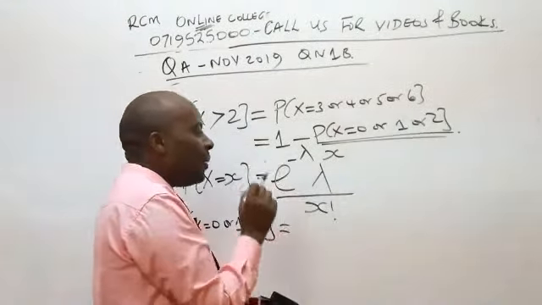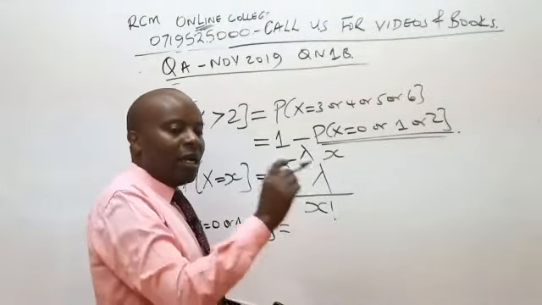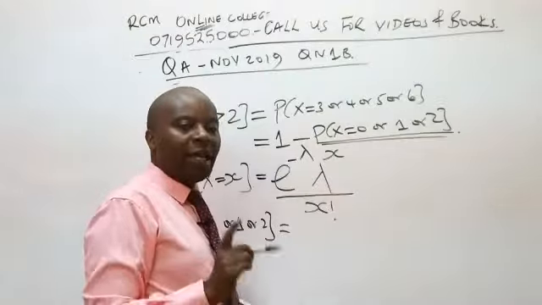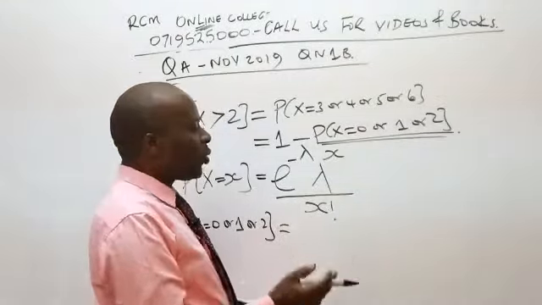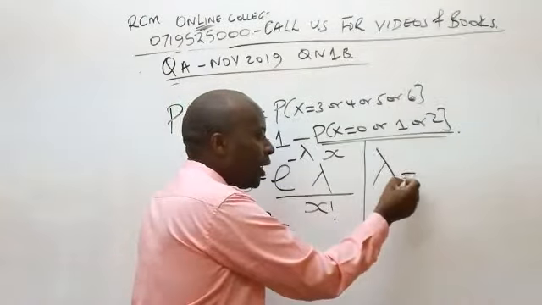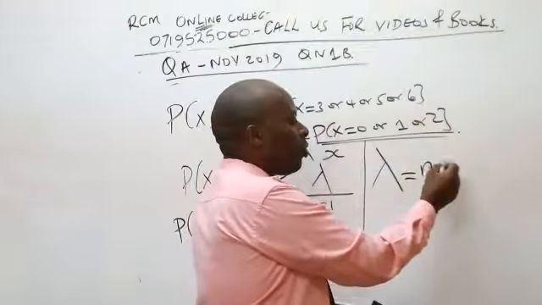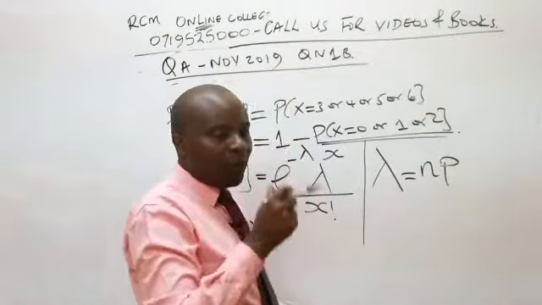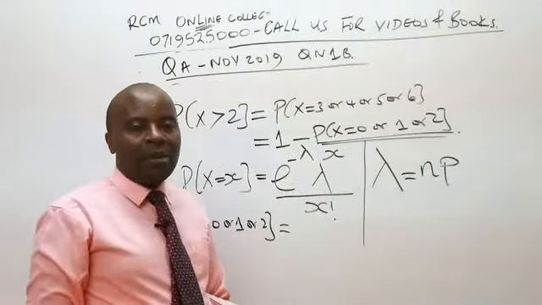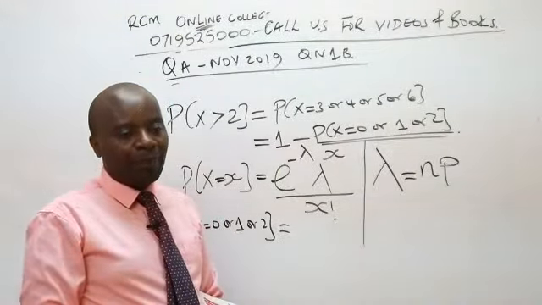So probability of x equals 0 or 1 or 2 using this Poisson will be equal to e raised to negative lambda. Remember that lambda is the mean. In this question, they never gave us the mean. Remember, in our normal class, we said whenever the mean is not given, to get lambda, we normally talk of NP.